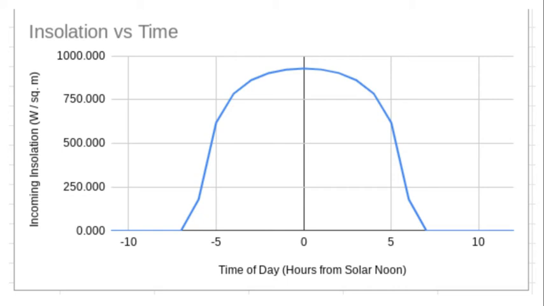As we approach solar noon, the angle of the sun in the sky increases, and we see that incoming insolation increases. In this diagram, it increases up to about 900 watts per meter squared. In the afternoon, as we move further away from solar noon, the angle of the sun in the sky decreases as the sun sets, and we see insolation decreasing.